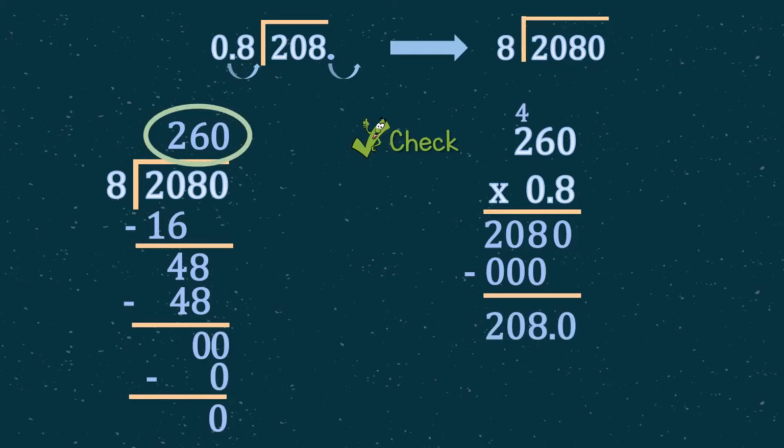Therefore, our answer will be 260. We can also divide a decimal by a whole number.